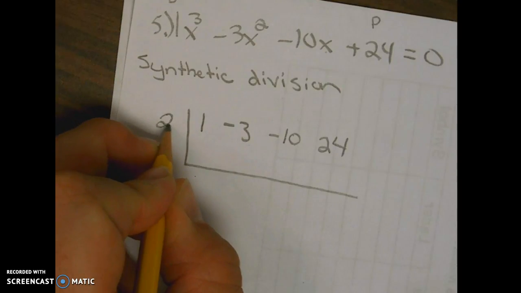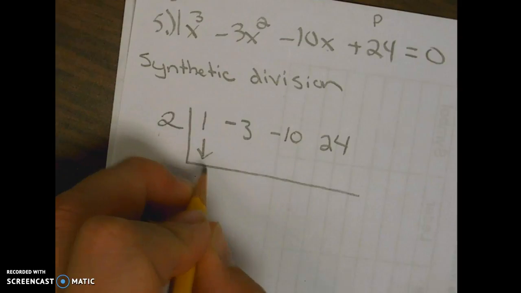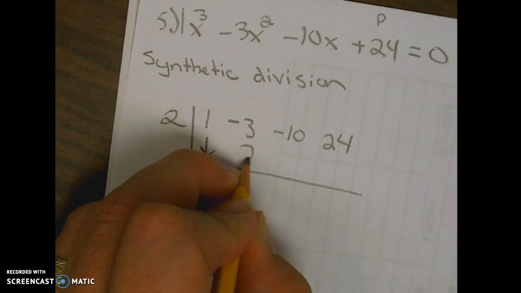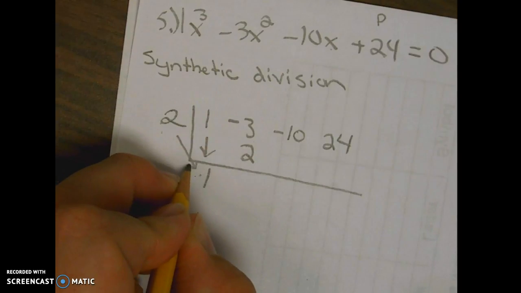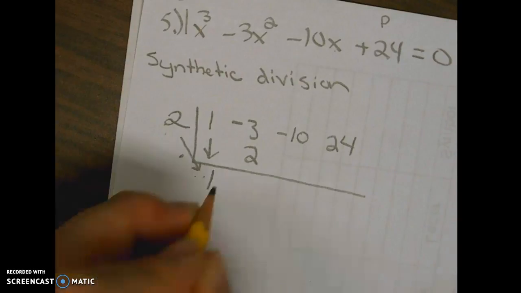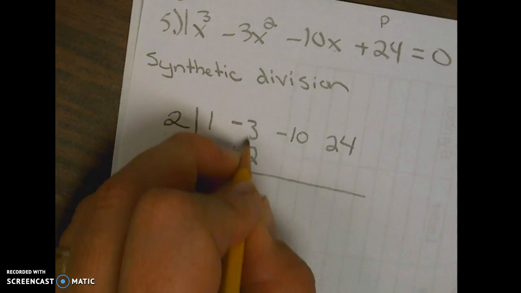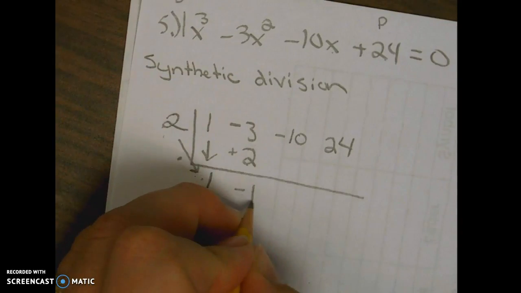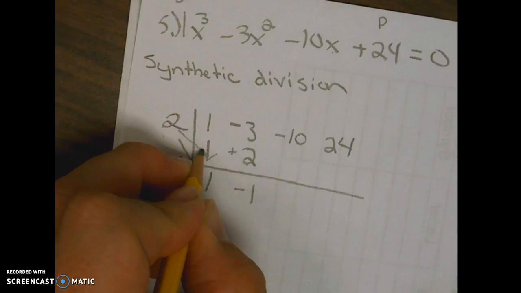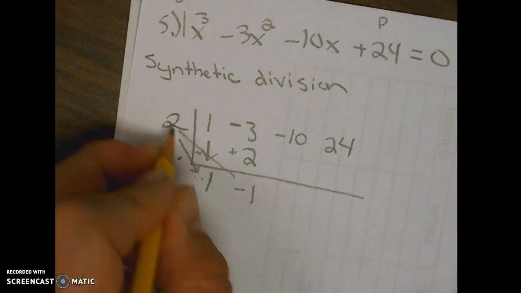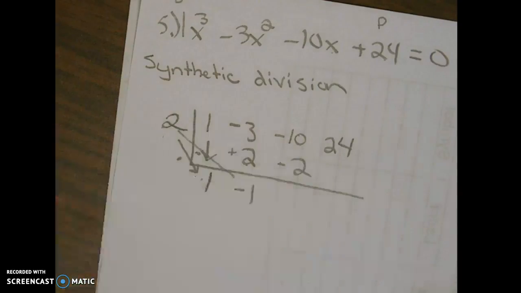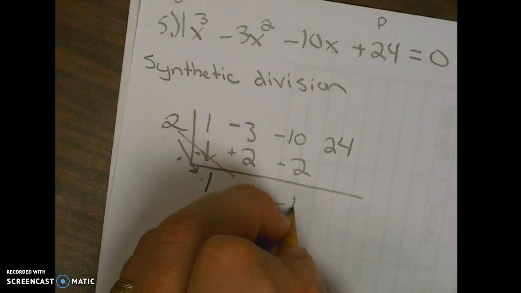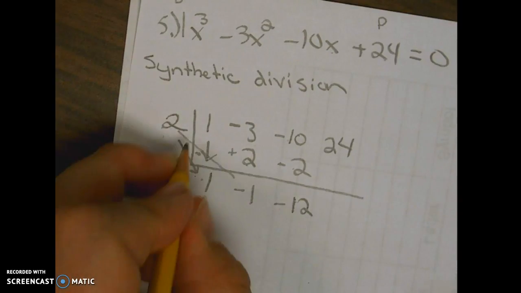So we bring down the 1. 2 times 1 is 2. So we're multiplying that way. And then we add straight down. -3 plus 2 is -1. Then we multiply. We get -2. And then we add straight down. -12. And then we multiply.